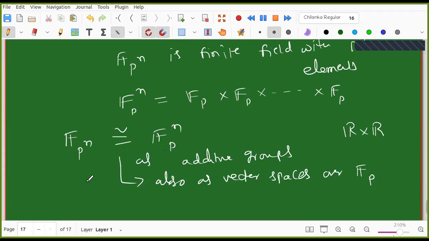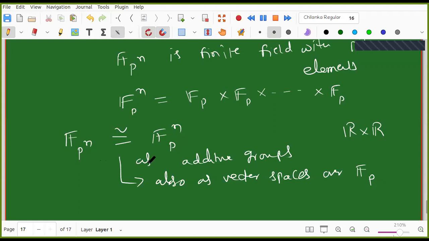See, F_{p^n} is isomorphic to F_p[x] modulo some irreducible polynomial. That is one way. The other way is that F_{p^n} is a finite field, so if I remove 0 from it, it is a cyclic group with a primitive element, so I can write elements in powers of alpha.